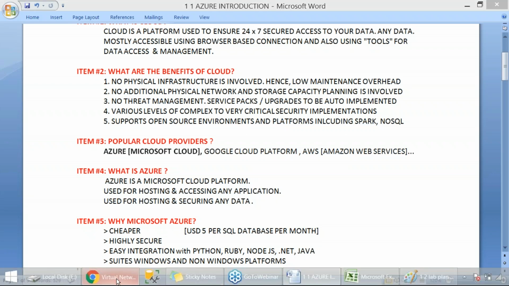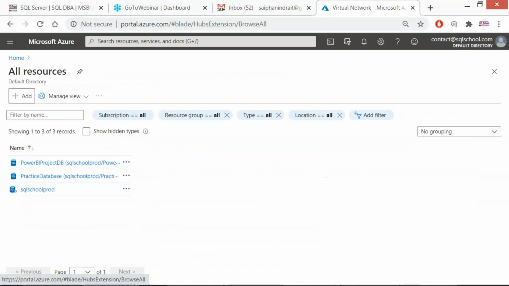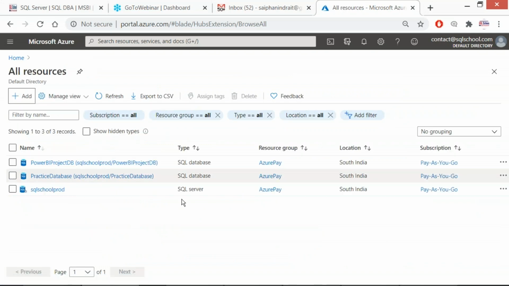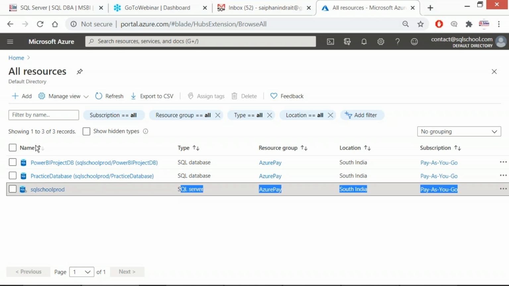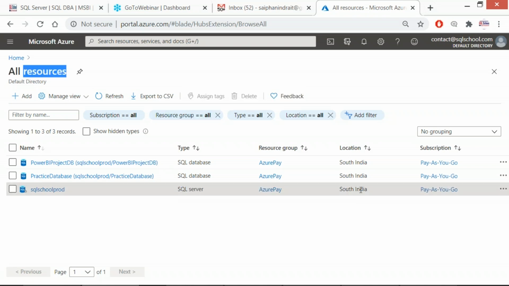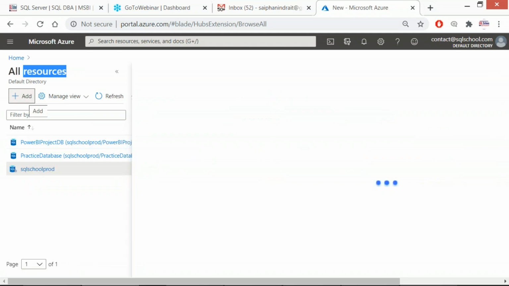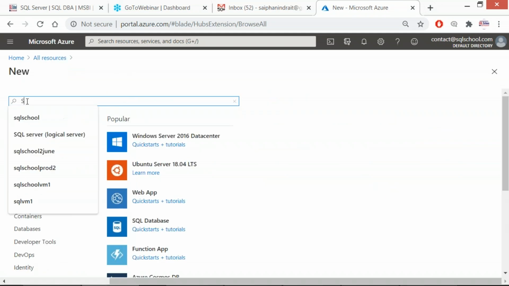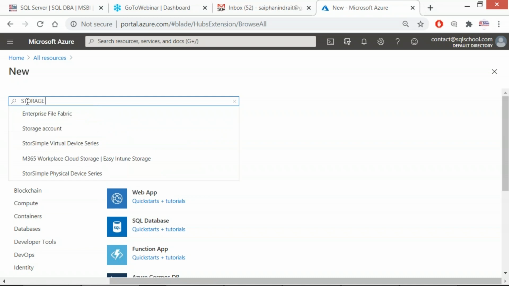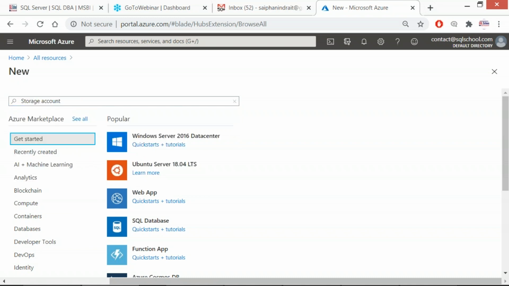For example, here you go. An application like SQL Server can be stored in Azure in whatever region you wanted. Well, if you get some more cost incurred in managing or maintaining SQL Server licenses, then in such a case you have a cheaper product, say for example storage account.